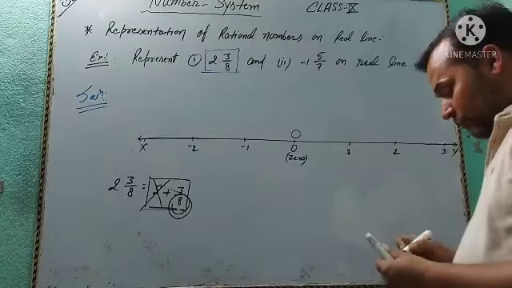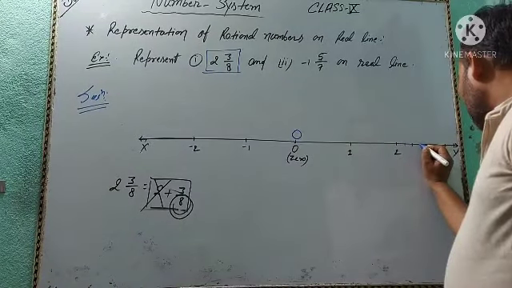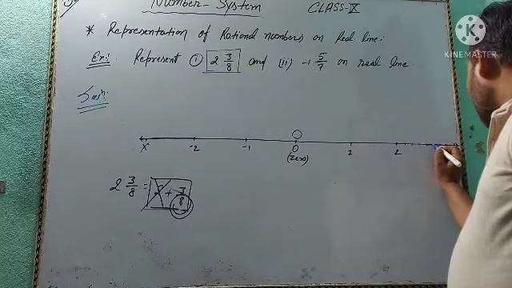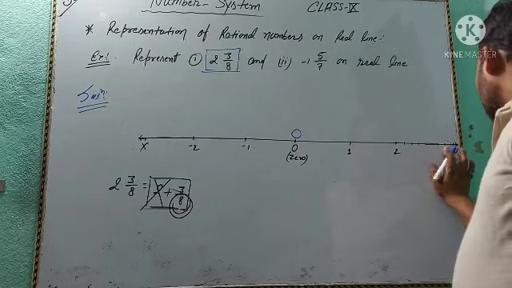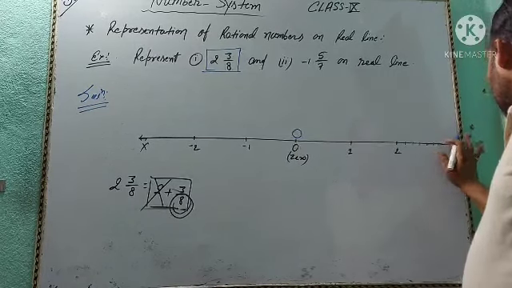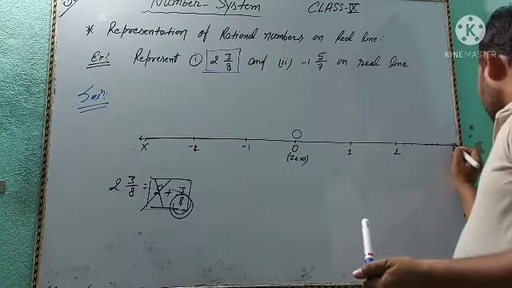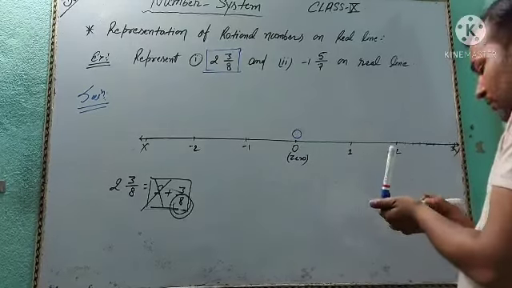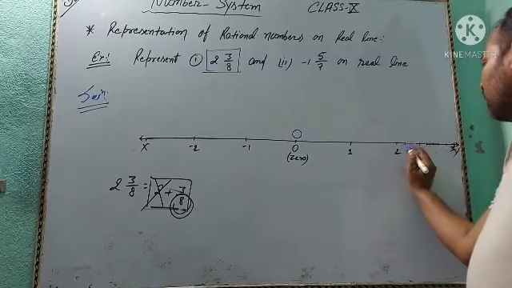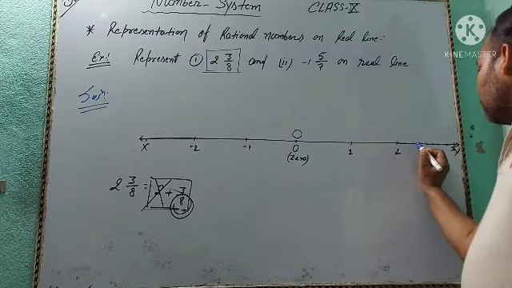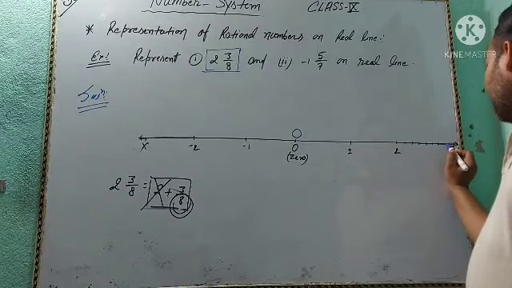Here, 1 2 3 4 5 6 7, so there are 8 equal parts. 1 2 3 4 5 6 7 8.